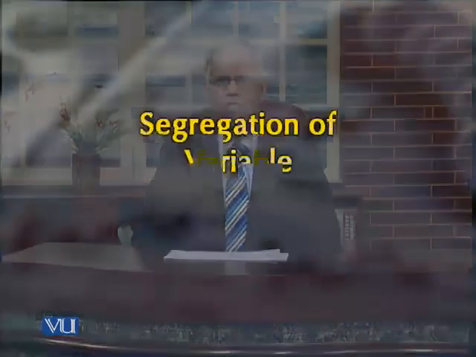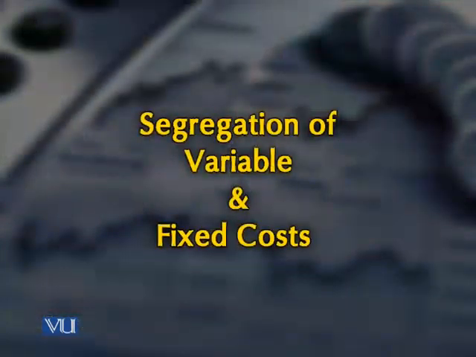Now, coming to the statistical methods, again they are quite difficult, but since we are not using them in managerial accounting as such, because they are used for statistical purposes, we are not going to discuss them here. But even if you use a statistical method, there is still a problem, because you can't get exactly what is variable and what is fixed. So this is basically an approximation of dividing the mixed cost into fixed and variable cost.